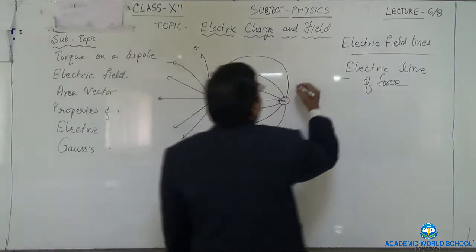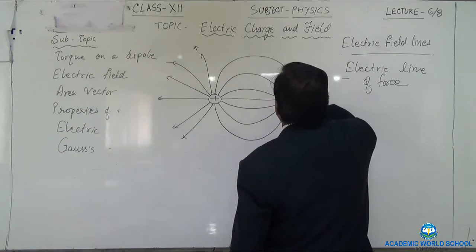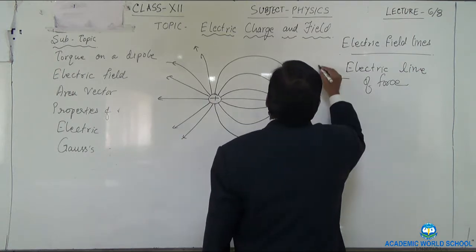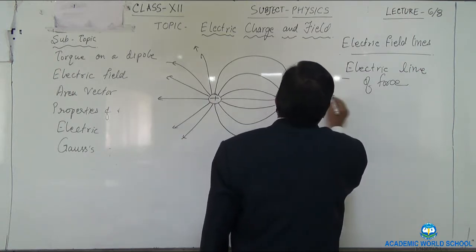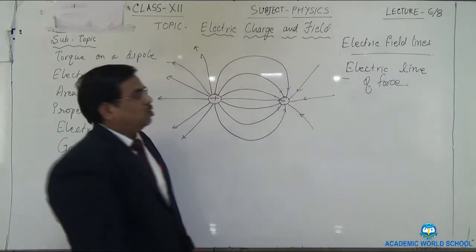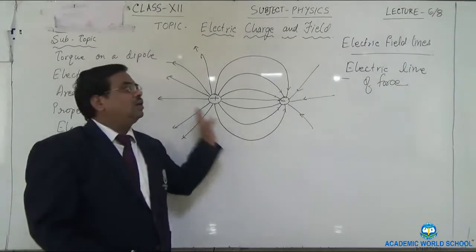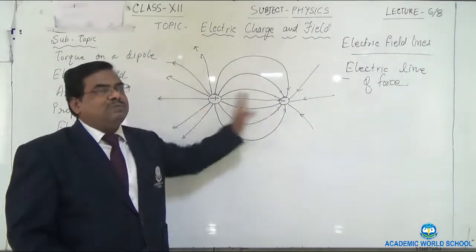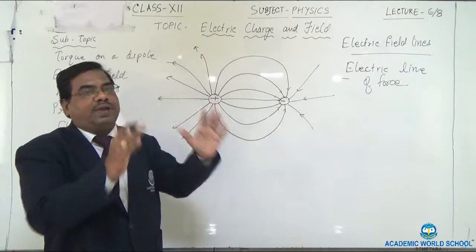This side also some lines. Okay. So this is the nature of the electric lines of force when two dissimilar charges are kept close to each other.